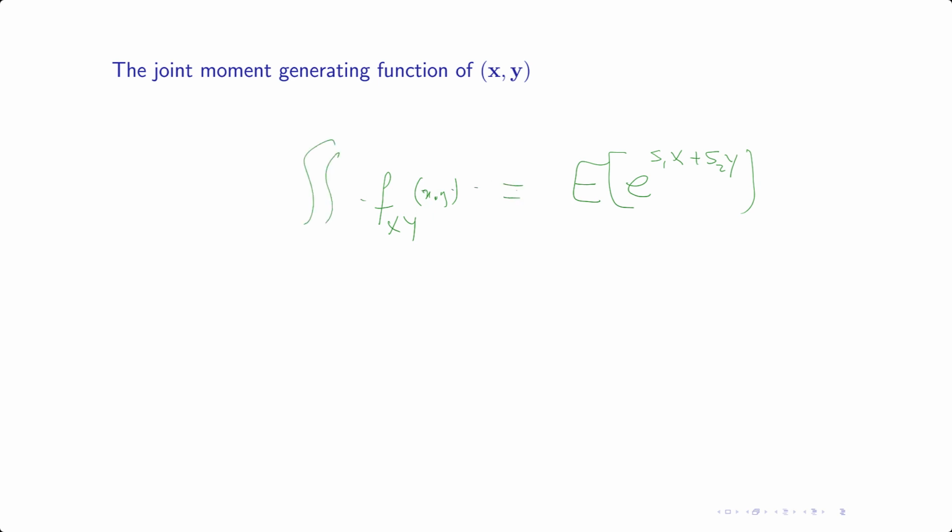We call this the joint moment generating function. Because it is like a Laplace transform, it has a one-to-one relationship with the joint PDF, so it represents the distribution.